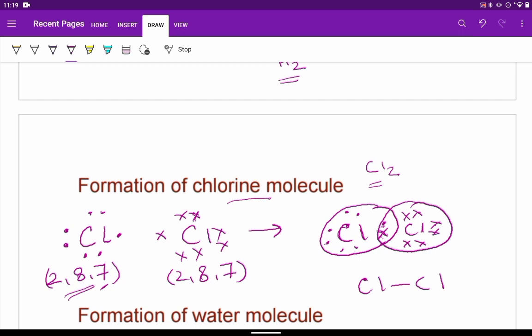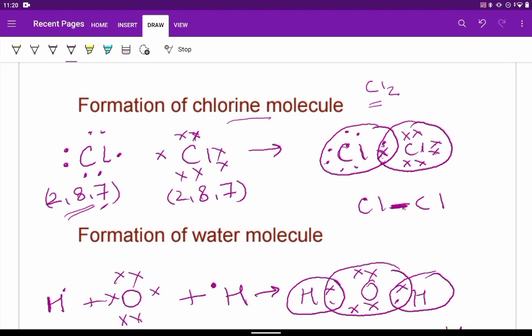So the purpose of bonding gets solved. Here also one electron pair is getting shared, so it is a single covalent bond once again, which is represented by a single dash. We can see between the two chlorine atoms, Cl-Cl. So it is a single covalent bond forming chlorine molecule.